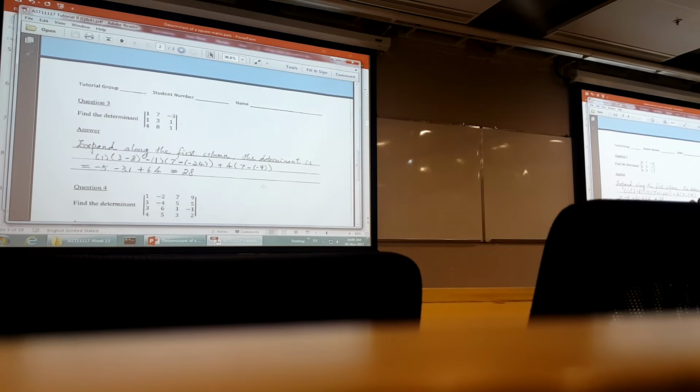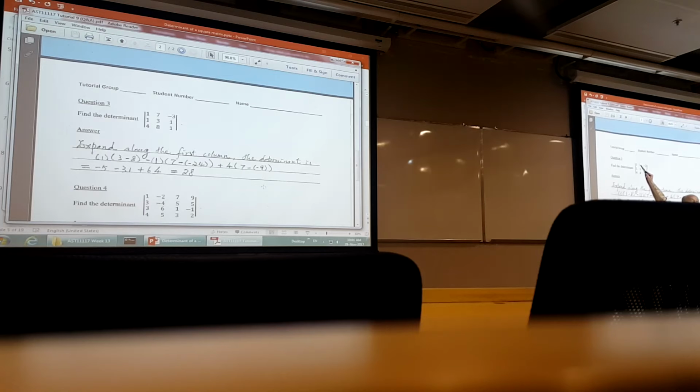Now, this is by using the first column. How about by using the second column? It is 7 times 2 minus 4, it is minus 2. Minus 2 times 7 is minus 14. But this is a negative position.